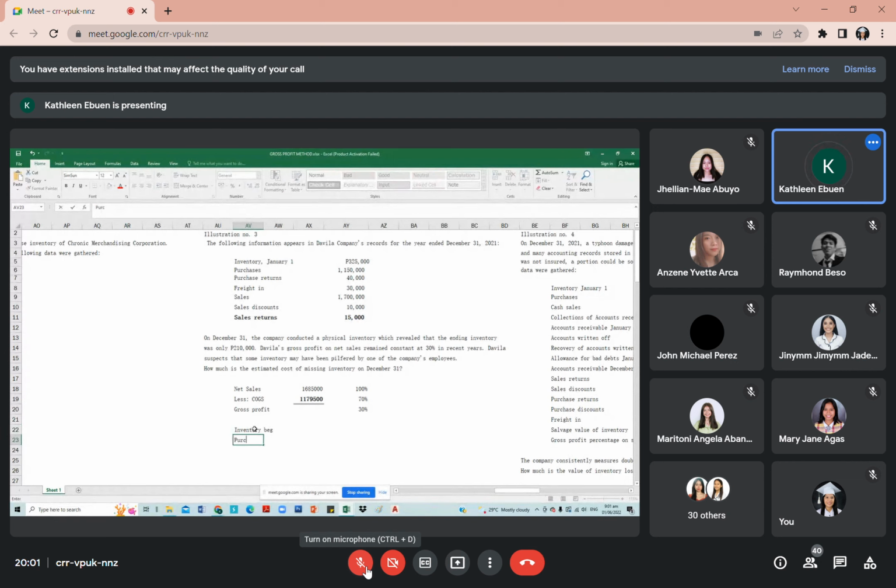Inventory beginning, we will add purchases. We subtract purchase returns. We add freight in. Okay. In purchases, class, in net sales, in sales, we subtract only sales returns. When it comes to purchases, we subtract everything: returns, allowances, discounts. The only difference, class, is sales, where only sales returns are subtracted. When it comes to purchases, everything is subtracted: returns, discounts, and allowances.